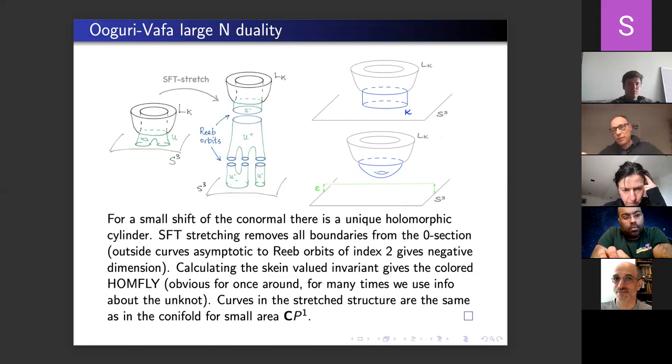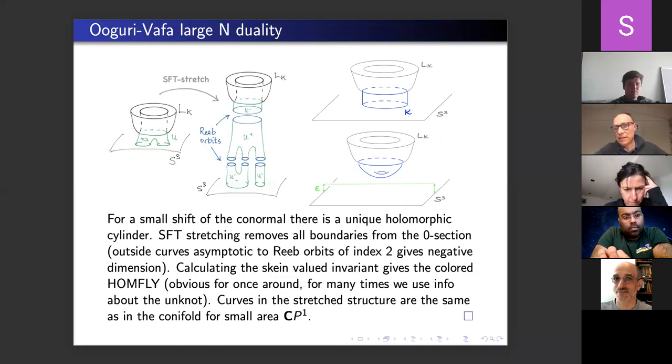So these curves that we count are now the curves in the conifold, and they're counted by a variable that becomes the homology class of the curve, how many times it wraps around the central P1, because that was the linking with the Lagrangian.